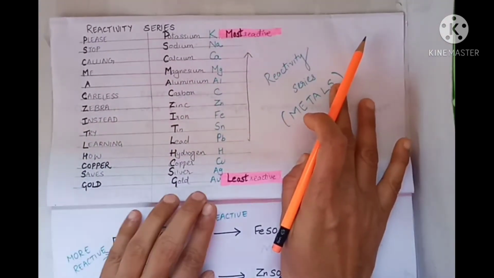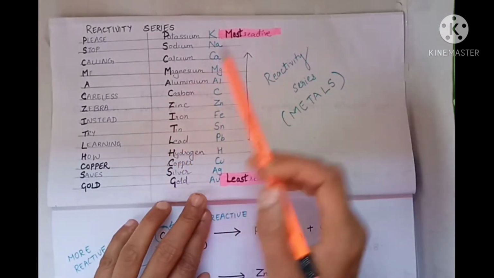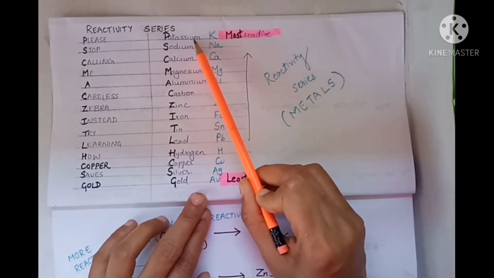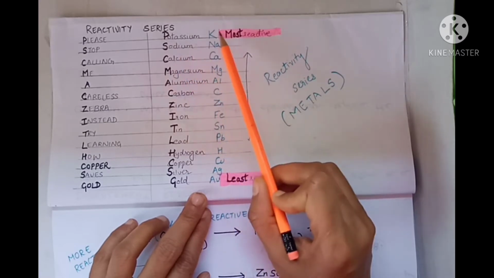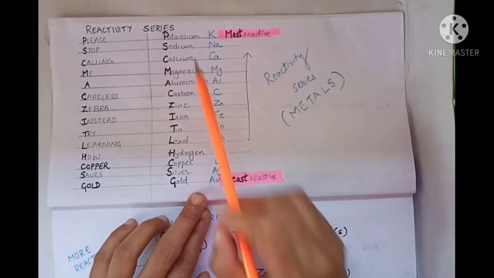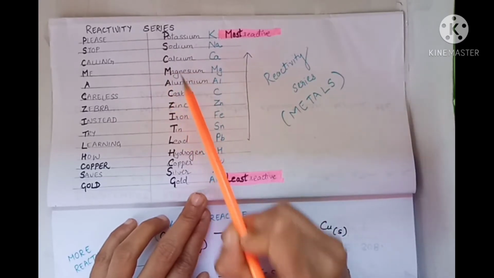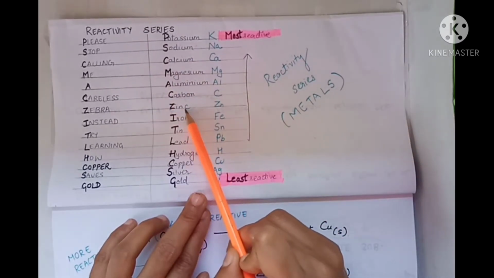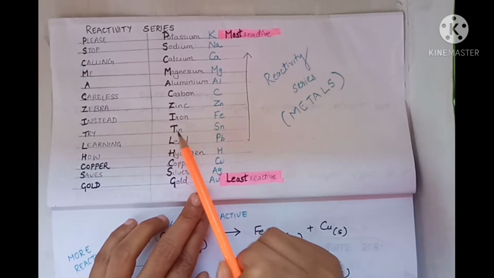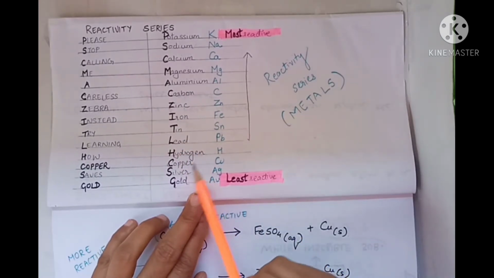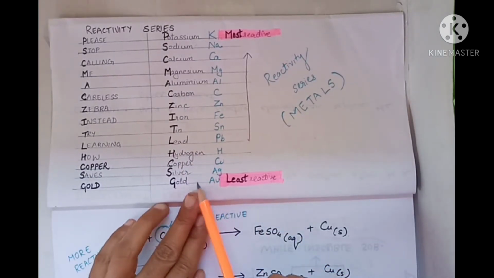Coming to the reactivity series for metals, so first comes potassium. I have written the symbols on the other side. Then comes sodium, calcium, magnesium, aluminium, carbon, zinc, iron, tin, lead, hydrogen, copper, silver and gold.